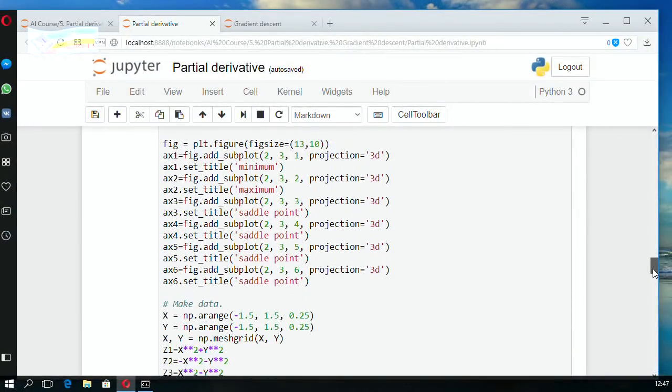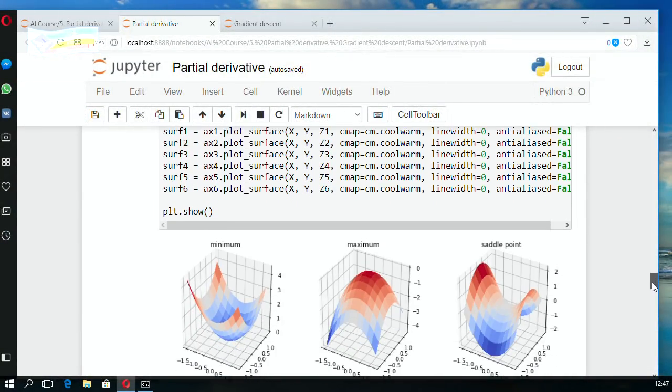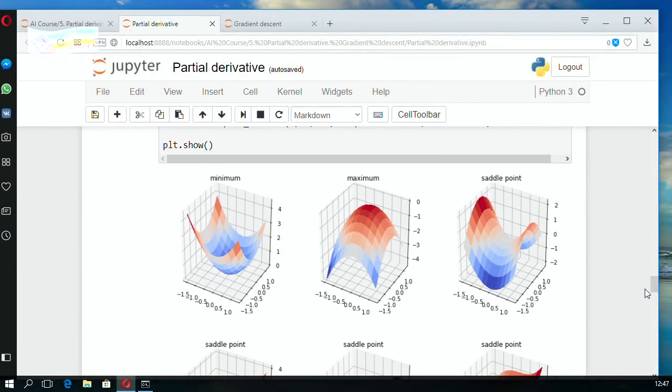And now, if we have a 3D graph, we will have precisely 6 different variants, and only 2 of them are called maximum and minimum. All others can be called saddle points. So in this case of a saddle point, we have one cut that behaves like a maximum, and another cut that behaves like a minimum.